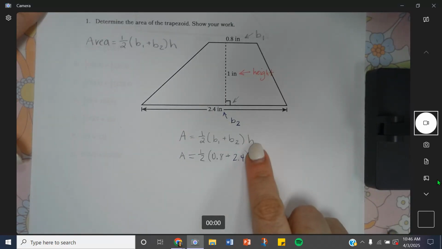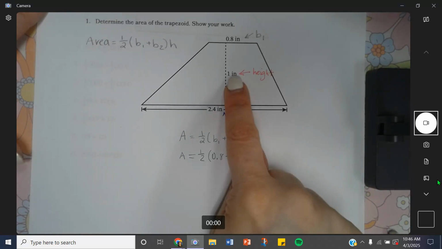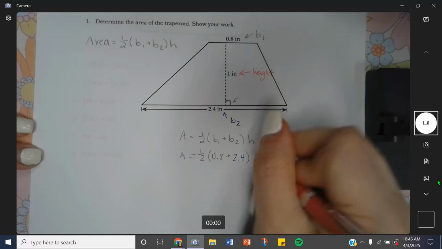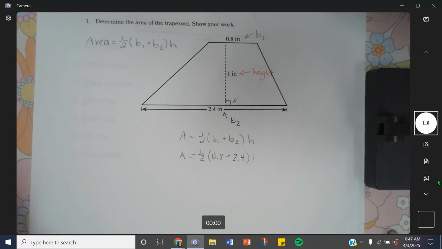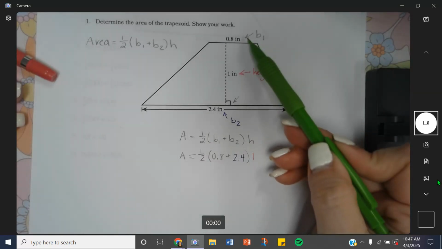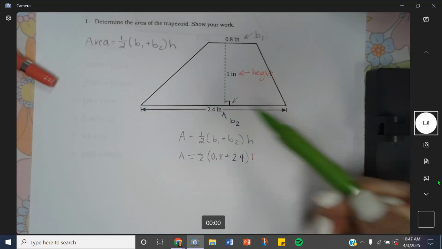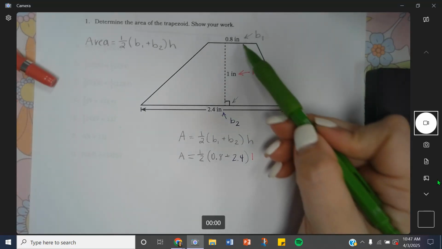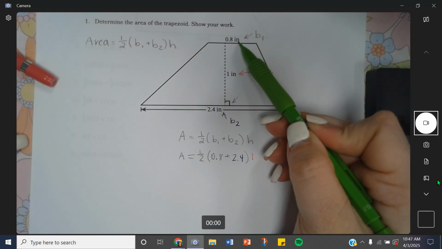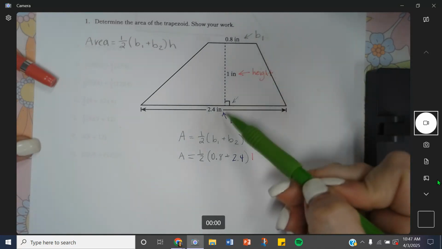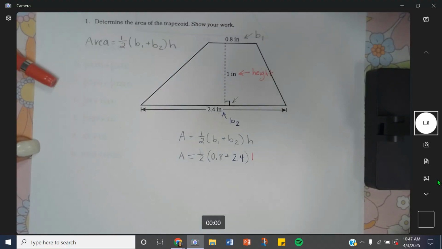And then let's go ahead and substitute our height with the height that we found, and in this case it was 1. Now with your bases, you can go ahead and switch the bases. For example, if you want this to be base 1, go ahead and label that base 1, and then this would be base 2. Because of the commutative property, you can flip-flop these two with addition, and you will still get the same answer.